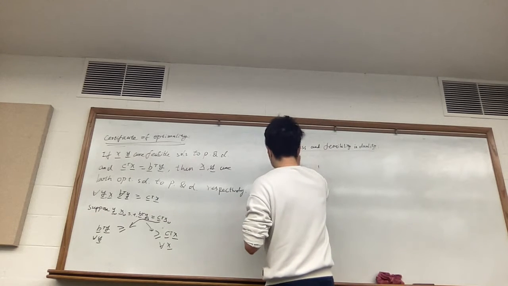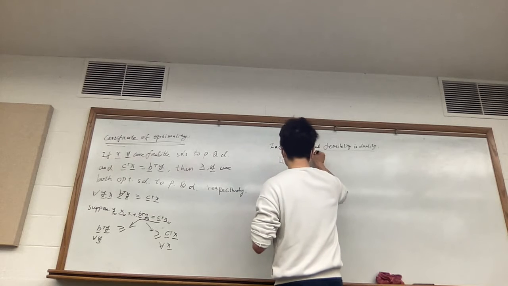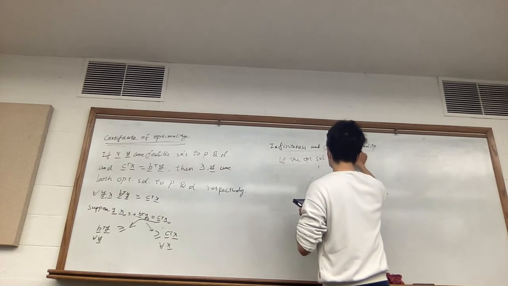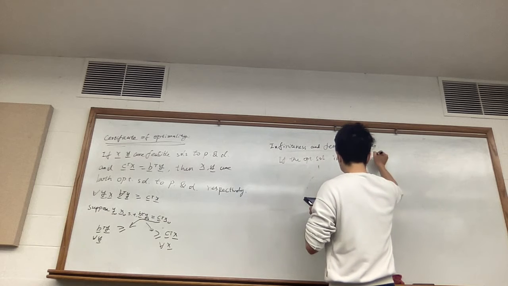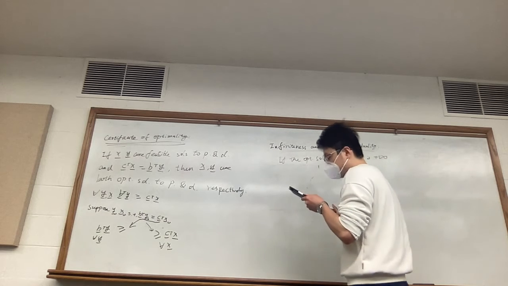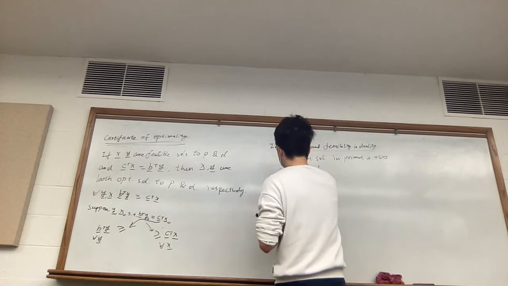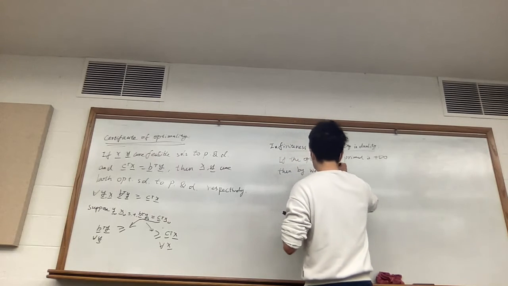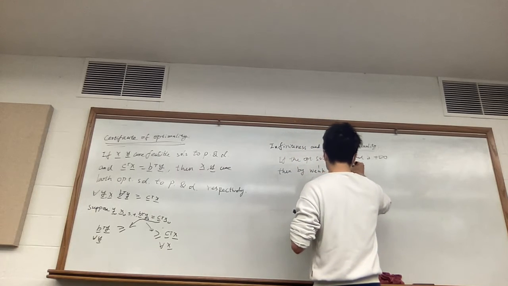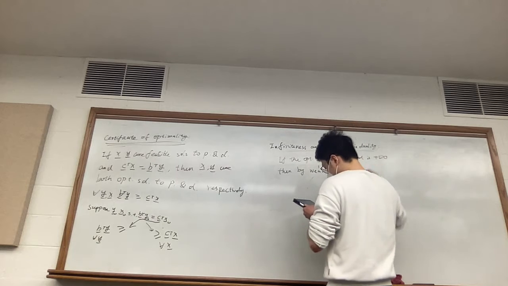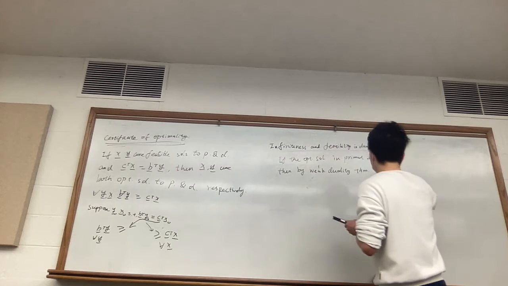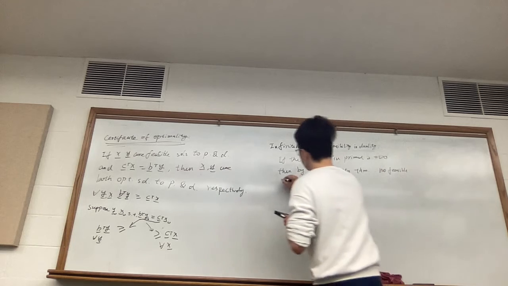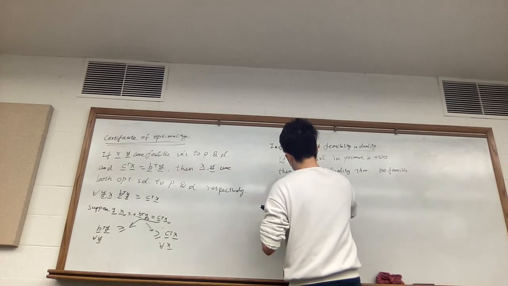If the optimal solution in the primal is positive infinity, then by the weak duality theorem, there is no feasible solution to the dual.